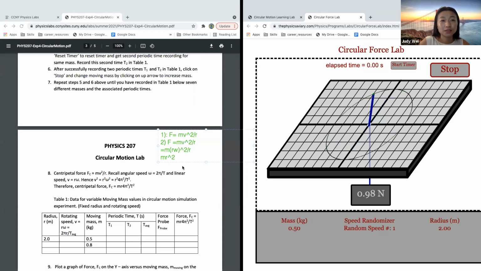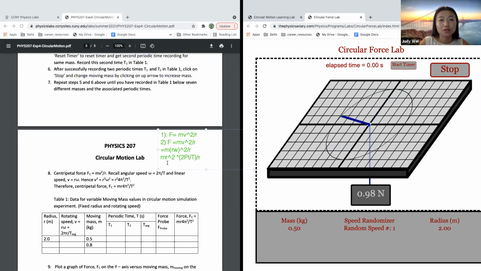2 pi over t, 2 pi over t, divided by r. And then what we can do is, here's the r, and here's another r.